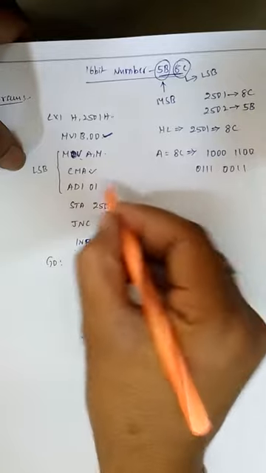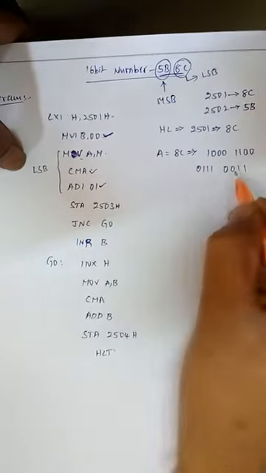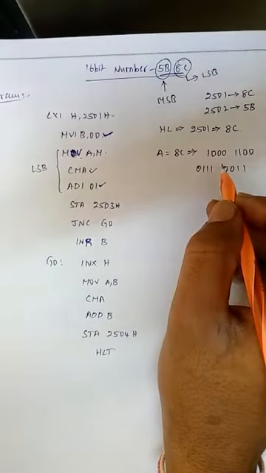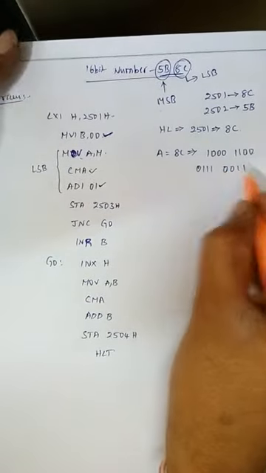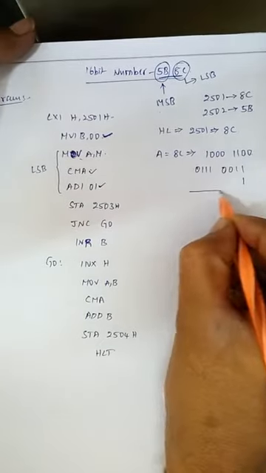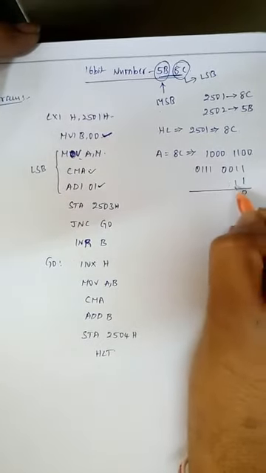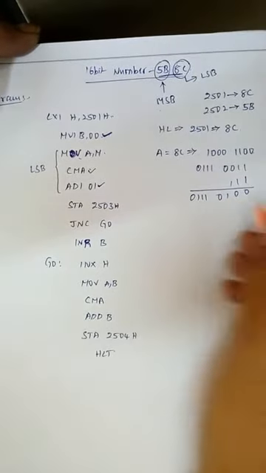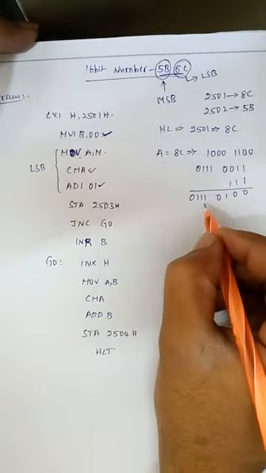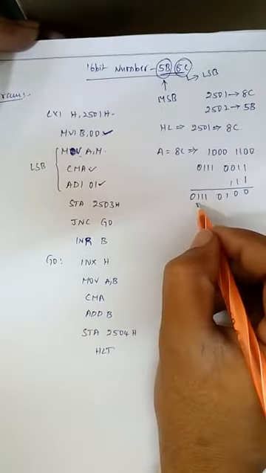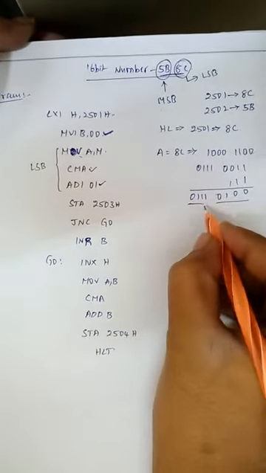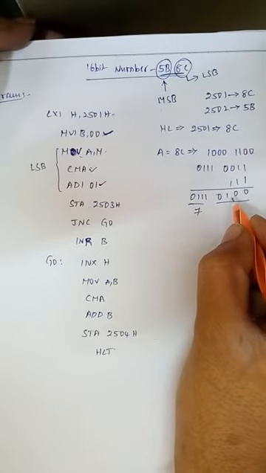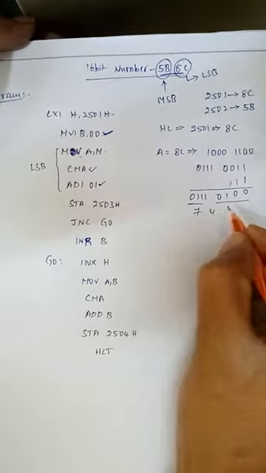Okay, add immediate 1: whatever value we get by applying the 1's complement, we just add one to that, giving 01110100. Clear? Again this entire number we have to convert into hexadecimal. By converting this number, 0111 means 7, 0100 means 4.